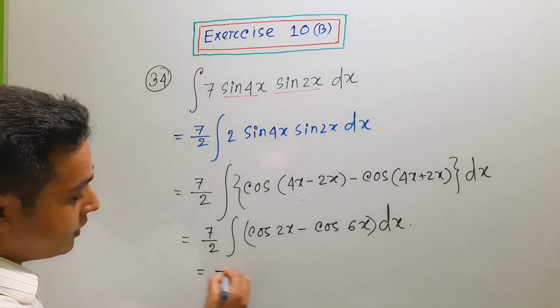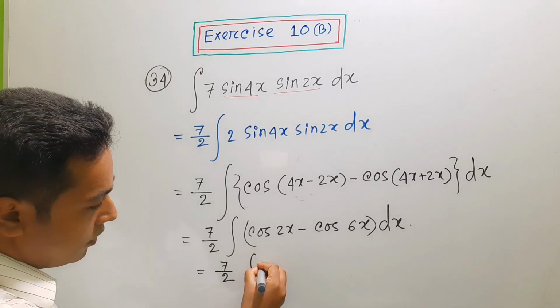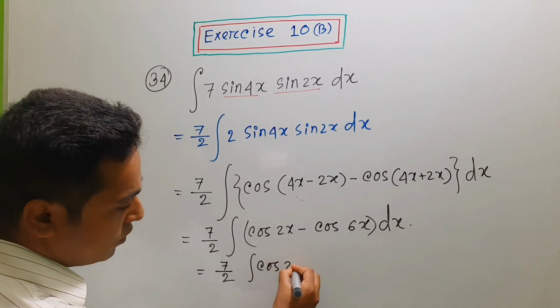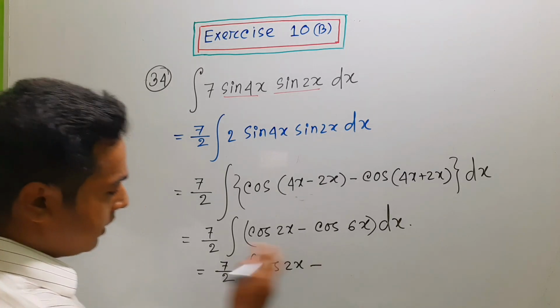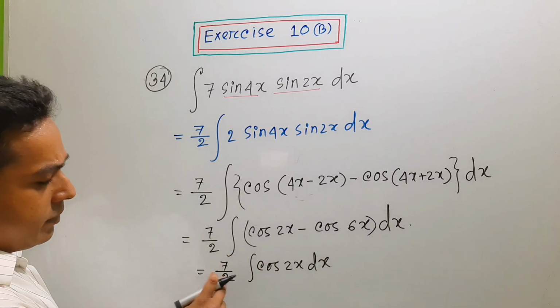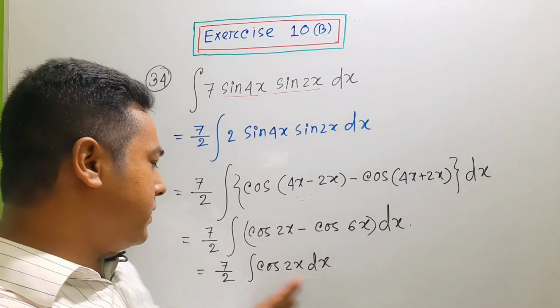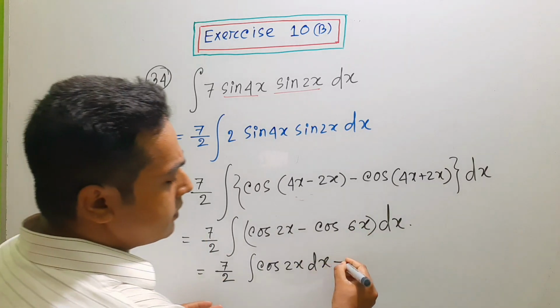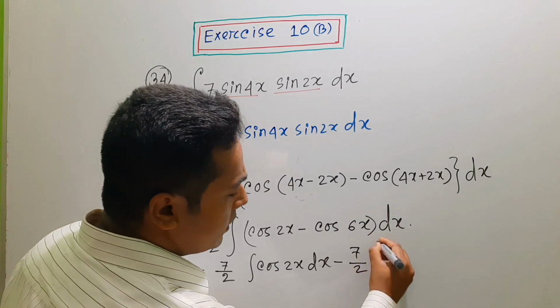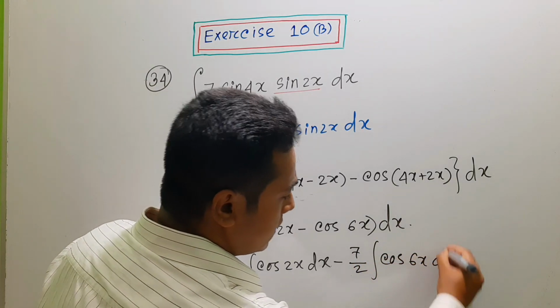Then 7 by 2 integration of cos 2x dx minus 7 by 2 integration of cos 2x dx, and then another one is 7 by 2 integration of cos 6x dx.